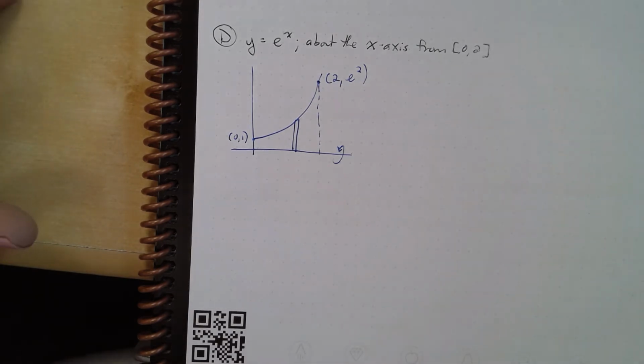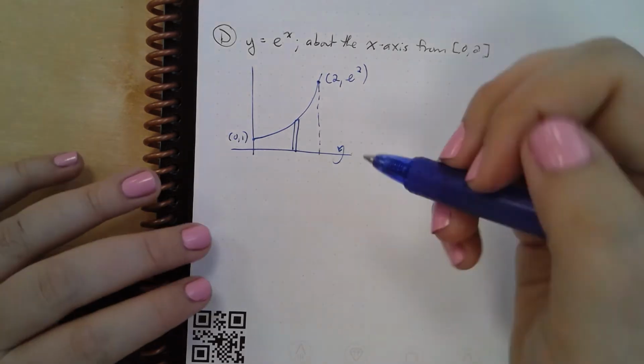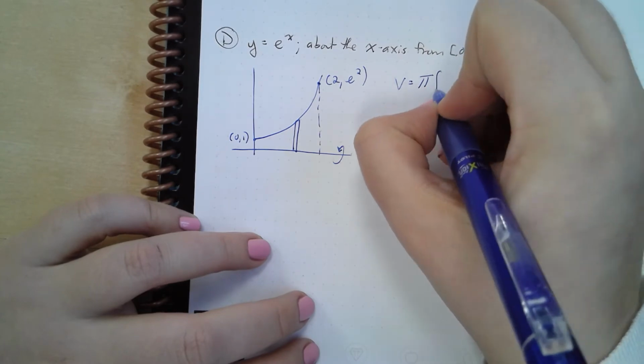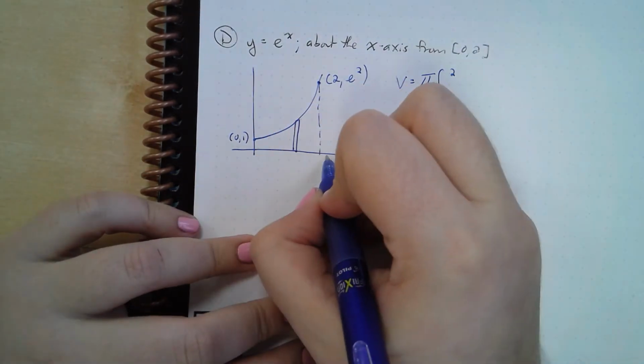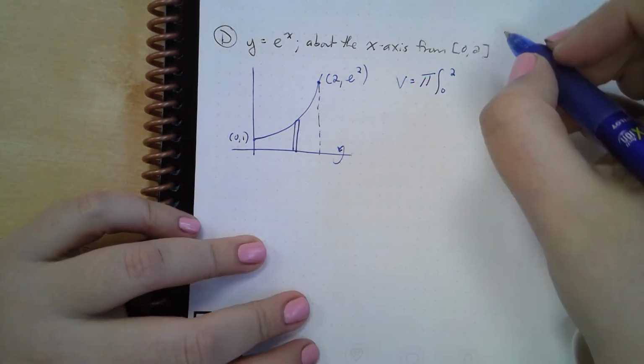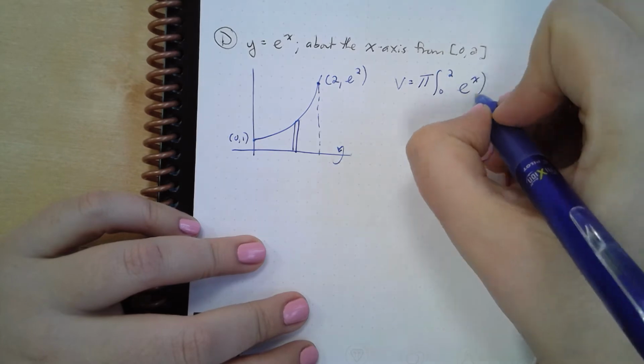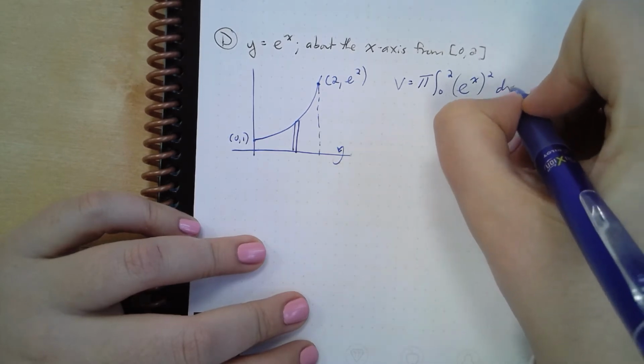So if we're perpendicular to the x-axis, we're going to use dx. So our volume is equal to pi from 0 to 2 of our radius. Well, the radius here, the height here, is e to the x. E to the x quantity squared, dx.